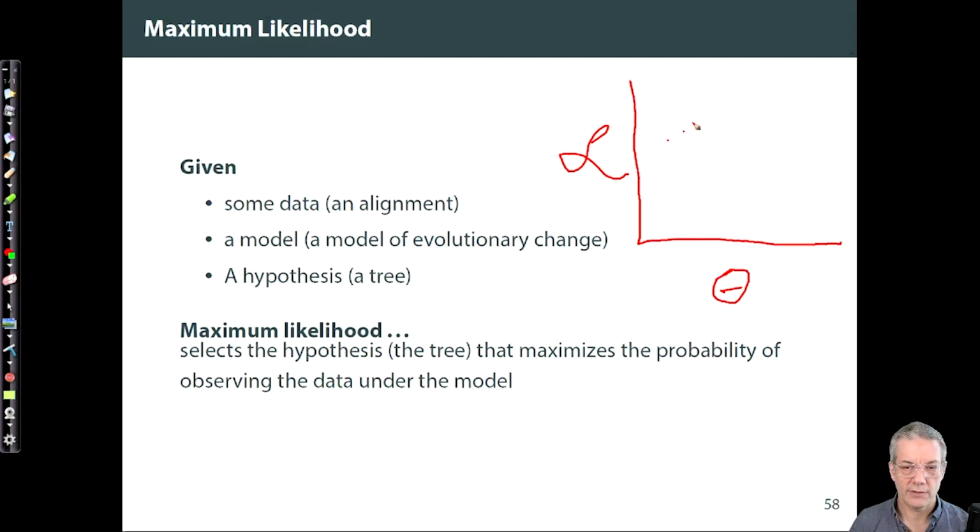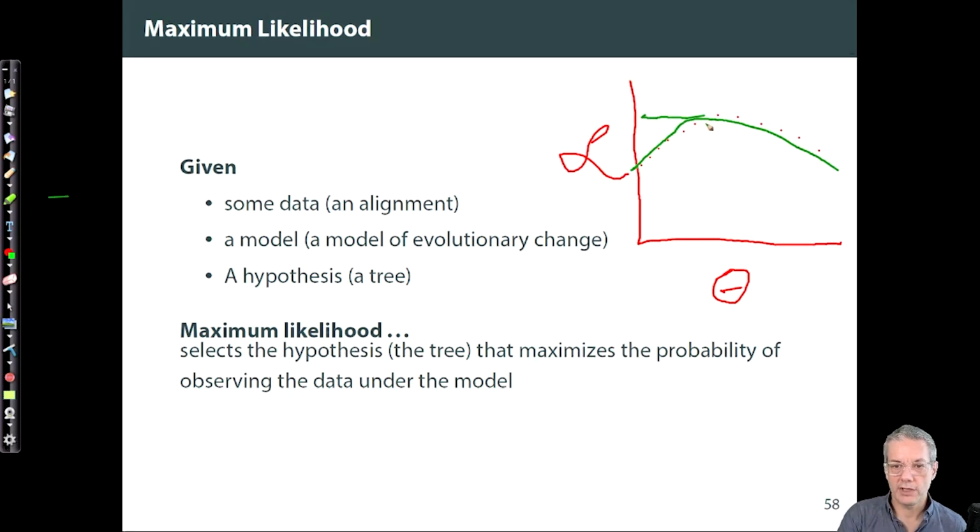It's going to be much more complicated because theta is many different parameters, so it won't just be one. Maybe we might draw kind of a curve here, and then somewhere here becomes the maximum. When we have that maximum, that becomes the tree that we choose.